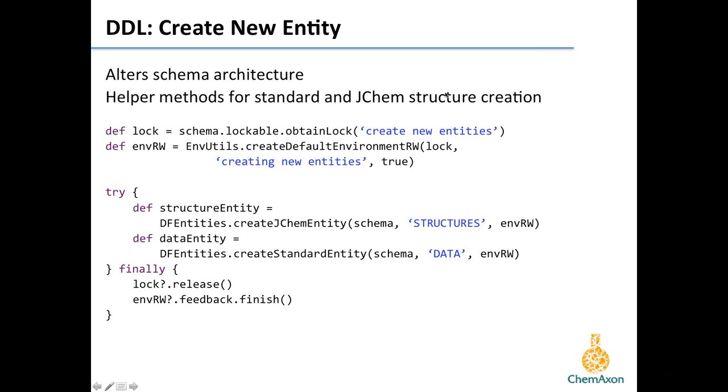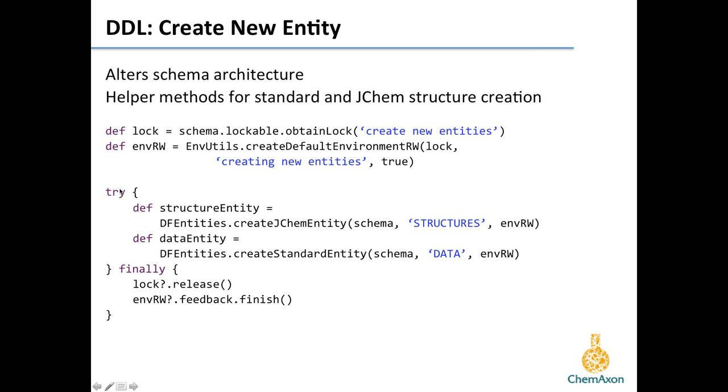Now, fortunately, there are some helper methods for standard JChem structure creation. For entities that are very common to create, we have created some helper methods, which are super easy to use and actually very helpful as compared to creating this manually, which we'll demonstrate in just a second. So for our little snippet here, we're again going to set our lock in our environment. And this time we're locking the whole schema because we're creating a new entity.